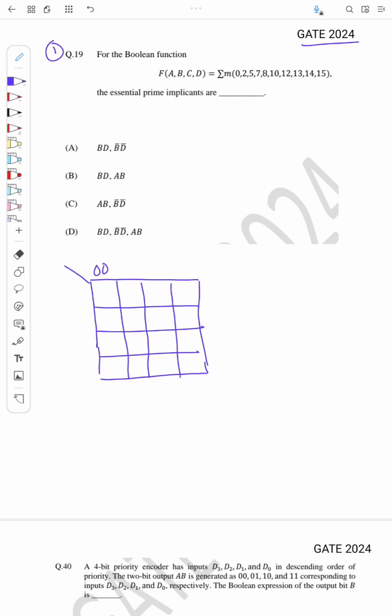Yeah, so this is 0, 0, 0, 1, 1, 1, 1, 0, 0, 0, 0, 1, 1, 1, 1, 0. Here a, b, c, d, and this is the function. Okay, and we know this corresponds to 0, 1, 2, 3, 4, 5, 6, 7, 8, 9, 10, 11, 12, 13, 14 and 15, right?